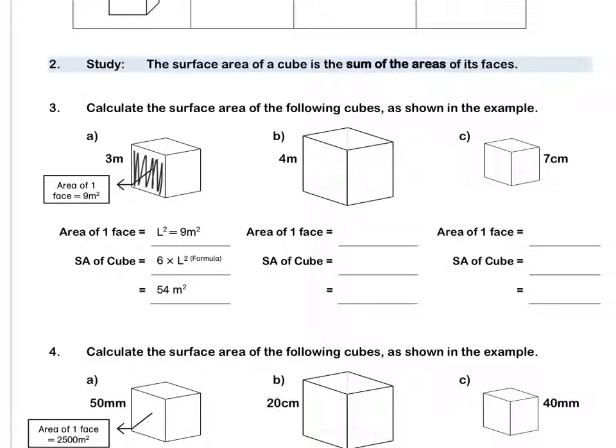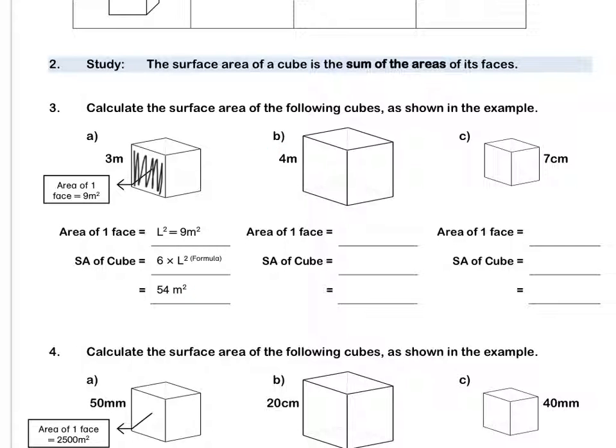So it's 6 times length squared, because that's the area of one face. And here we have the formula. And for this example, 6 times 9 is 54 meters squared. The unit for surface area is always a unit squared.